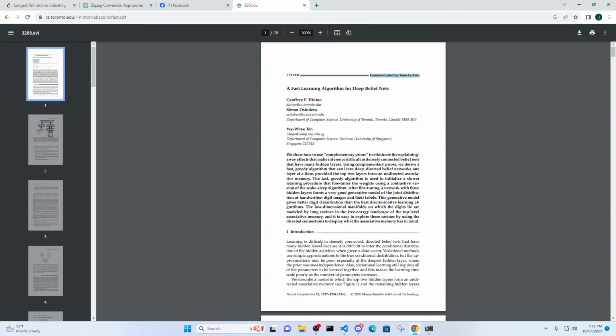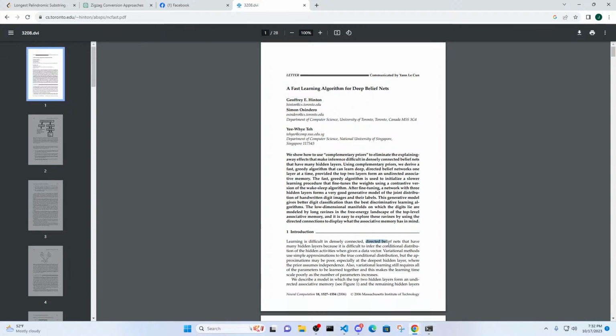Like, learning is difficult in densely connected, directed belief nets that have many hidden layers, because it's difficult to infer the conditional distribution of the hidden activities when given a data vector. Like, bro, what is a densely connected directed belief net? What is a belief net? Let's start with that.